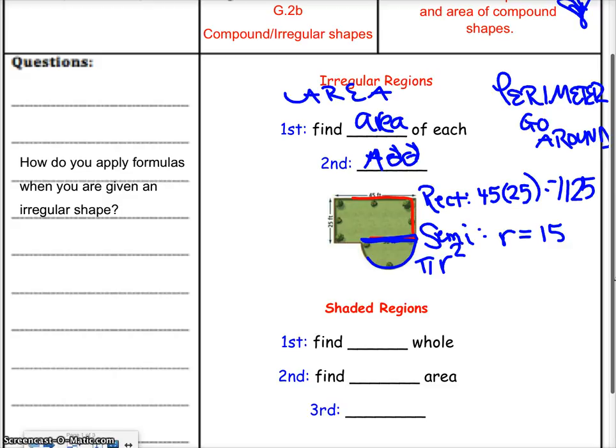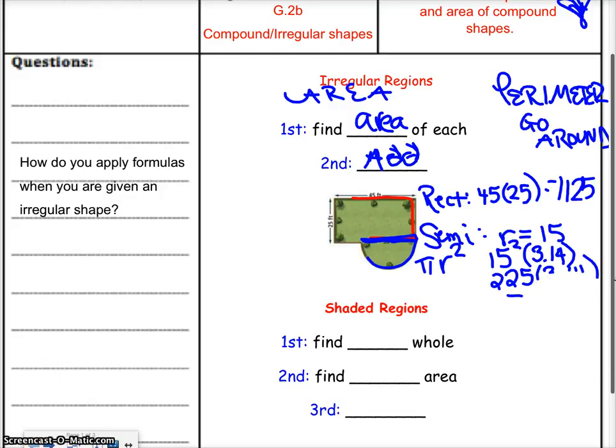Then area is 15 squared times 3.14. 225 times 3.14 is 706.5. But that is my whole circle.